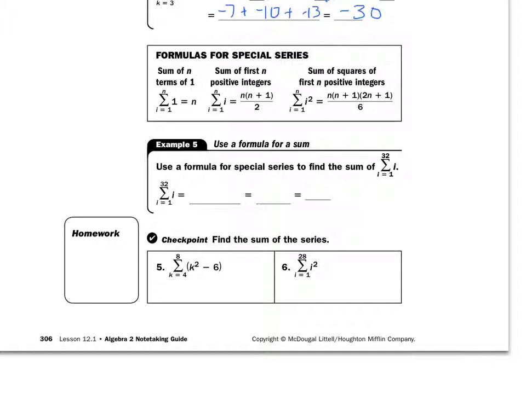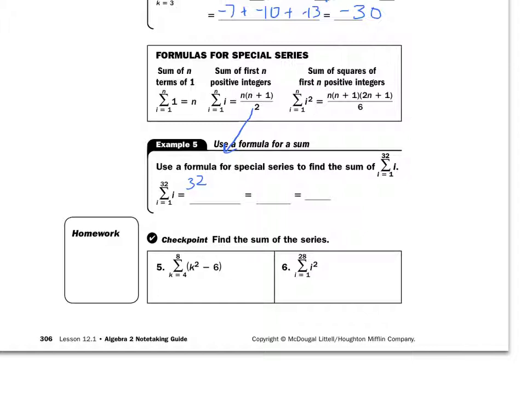So, let's add up the sum of 1 through 32. So that would be n, where n is 32. And we're using this formula here.